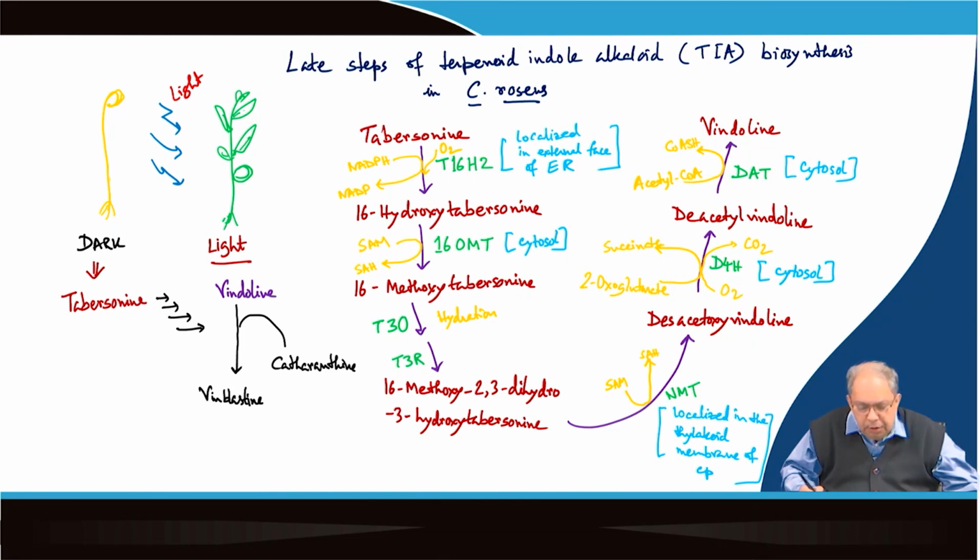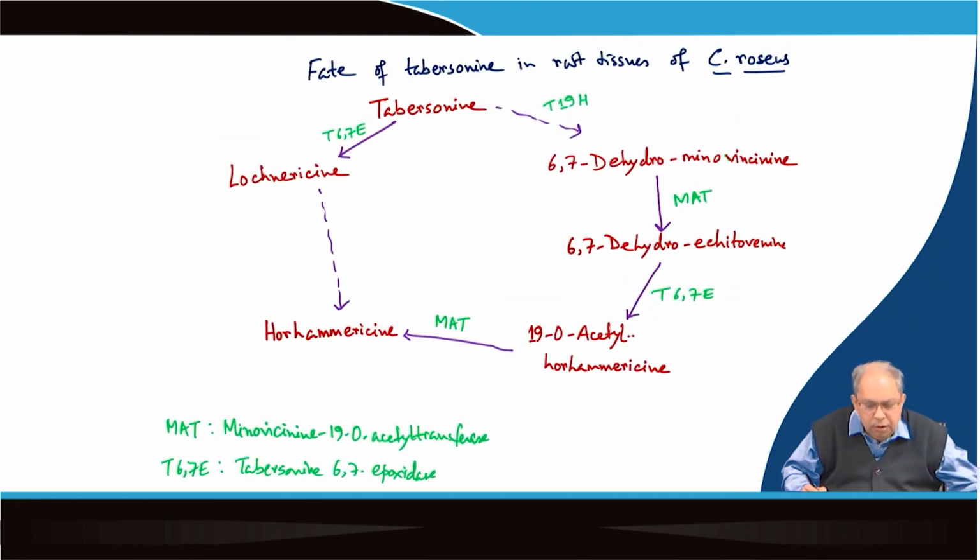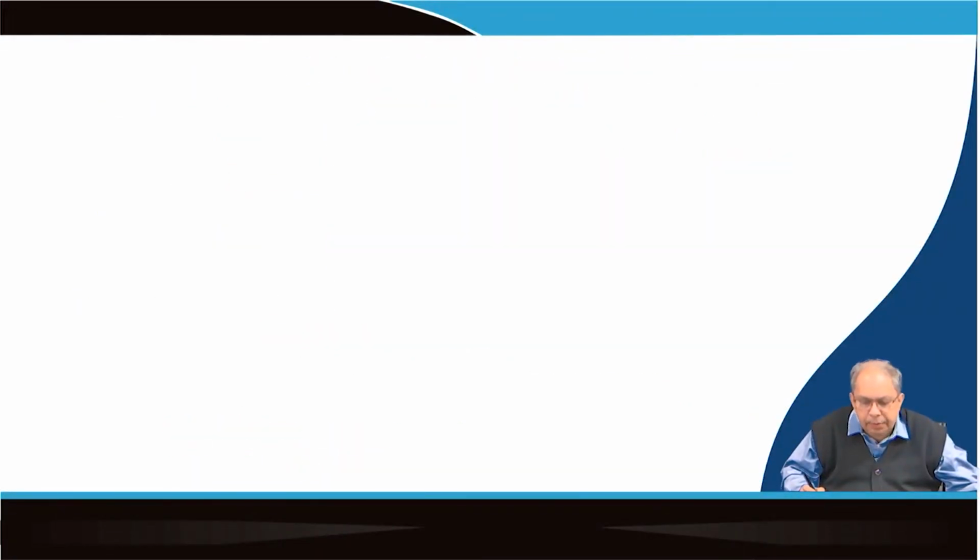One is tabersonine 3 oxidase and another is tabersonine 3 reductase, and then subsequently other steps like NMT, D4H and DAT. So, what I would like to talk now is about this step.